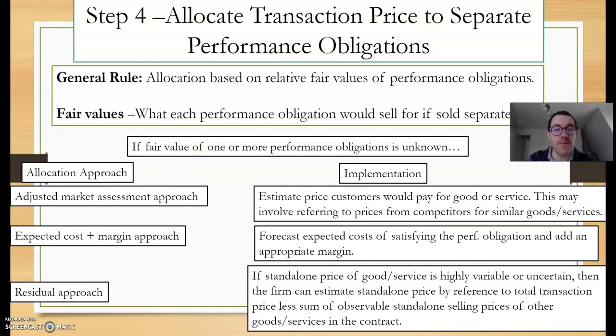Okay, so the residual approach: if the standalone price of a good or service is highly variable or uncertain, then what you can do is estimate the standalone price by referencing the total transaction price less the sum of the observable standalone selling prices of the other goods or services in the contract.